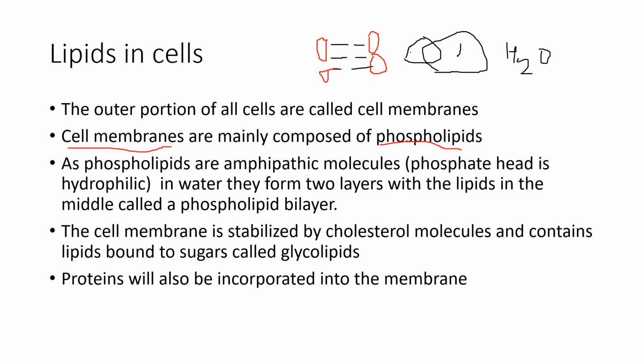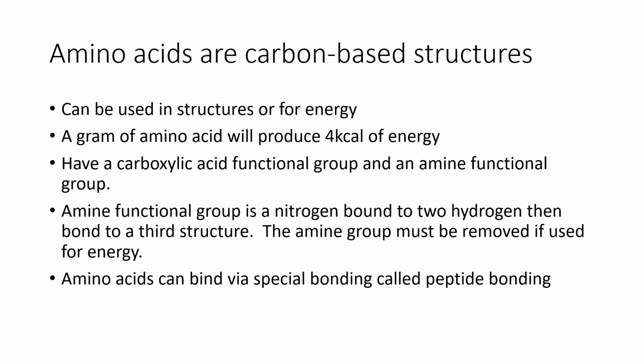Now, this membrane is a lot of times stabilized by cholesterol molecules. It also contains specialized lipids which have sugars put in, which are called glyco, which means sugar, lipids. And they have proteins that are incorporated in there, which we'll talk about when we talk about proteins, like now. So we now have membranes that we can make in our cells, made out of phospholipid bilayer.